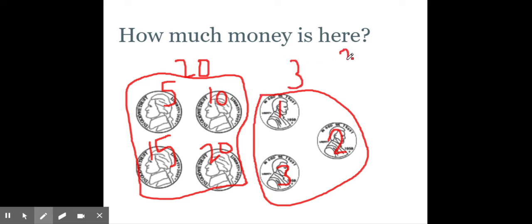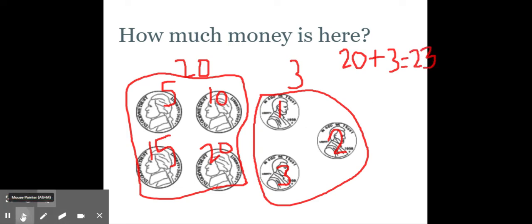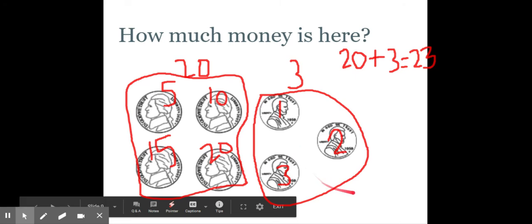So we can even write an equation: 20 cents plus 3 cents equals 23 cents. You see that? Okay, this Screencastify thing, that's kind of cool. Okay, so here we're back, we have 23 cents.